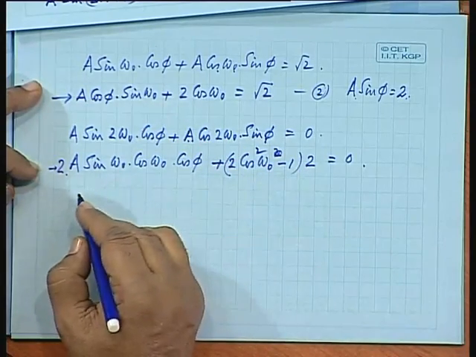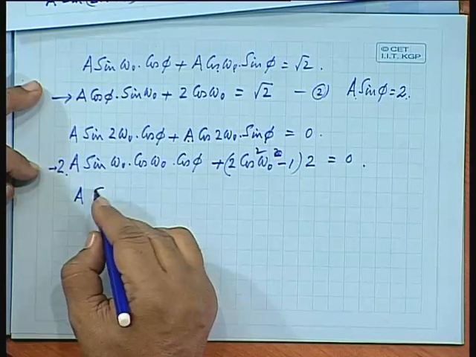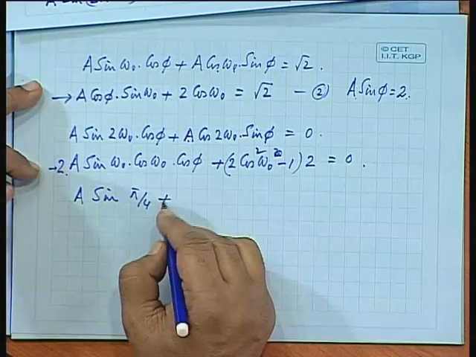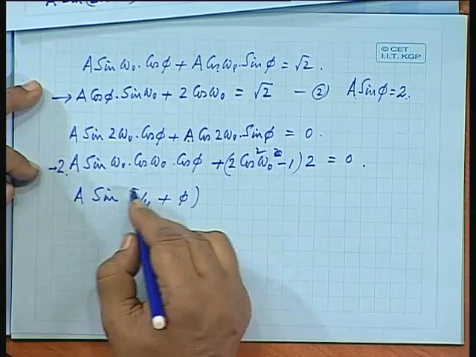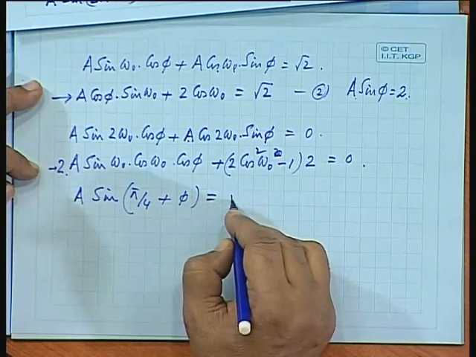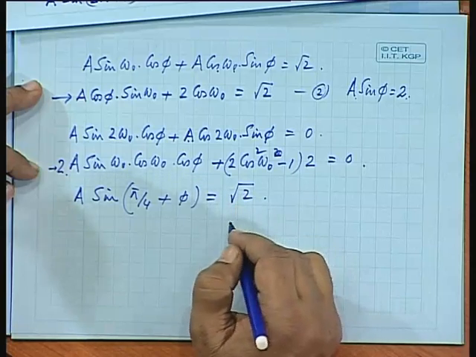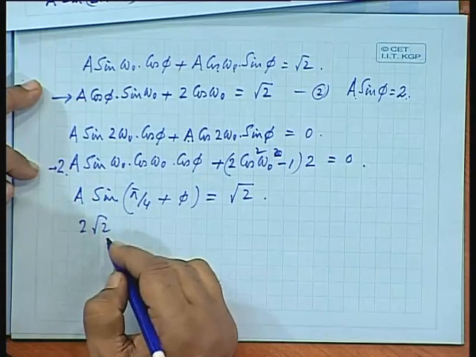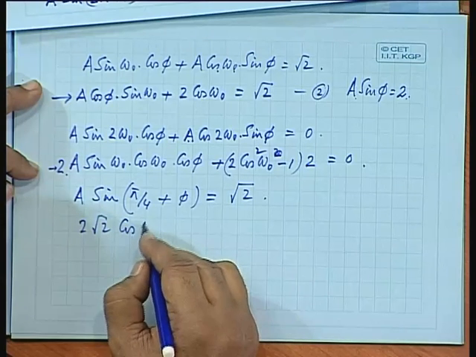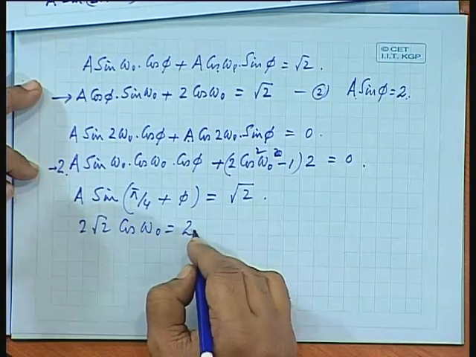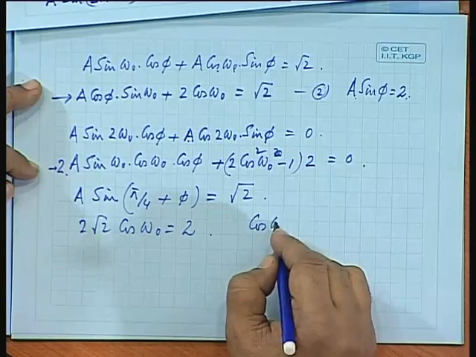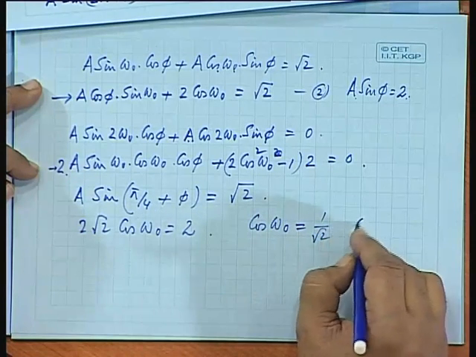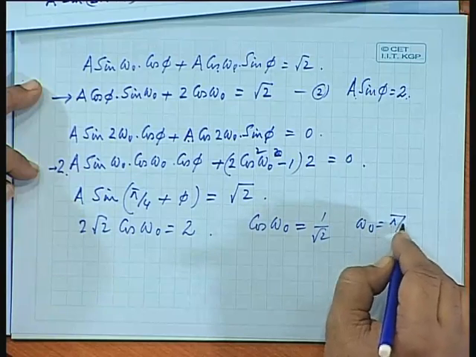You will finally get sin(pi by 4 plus phi) is equal to root 2, and from there another equation we will get, 2 root 2 cos omega naught equal to 2, from where you get cos omega naught is equal to 1 by root 2, and hence omega naught is equal to pi by 4.